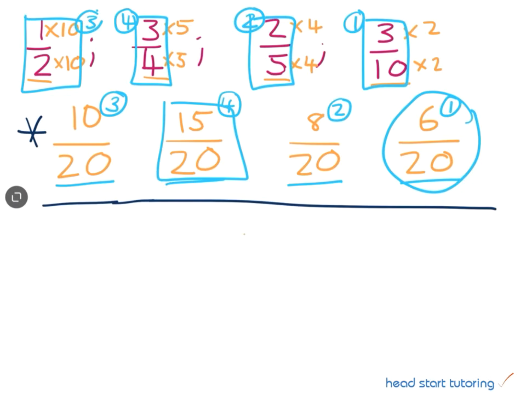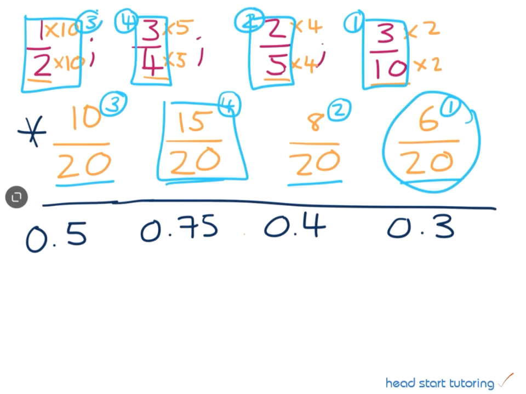So 1/2 is equal to 0.5 as a decimal. 3/4 is equal to 0.75 as a decimal. 2/5 is equal to 0.4 as a decimal, and 3/10 is equal to 0.3 as a decimal.